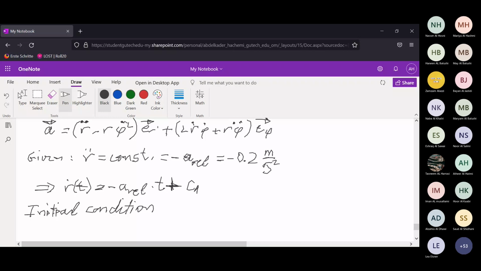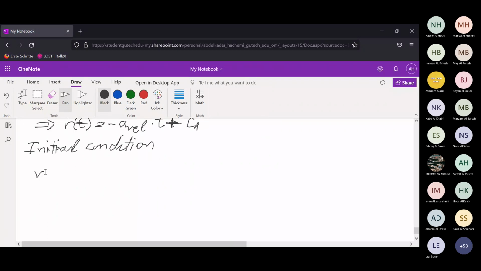Then for the initial condition, we have r dot at time t equal to 0, this is t0, it's equal to minus v0.